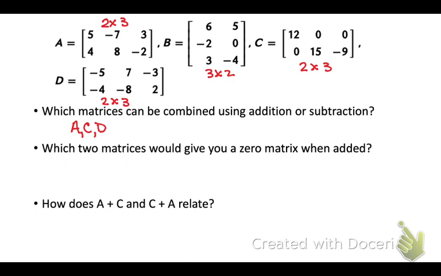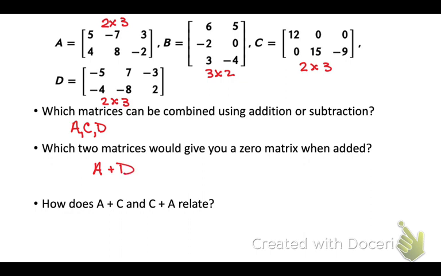No. Which two matrices would give you a 0 matrix if you added them? A 0 matrix has all zeros. A and D. Why? Because 5, negative 5, negative 7, 7. They're opposite signs, right? So A plus D. But if I subtracted them, would they?